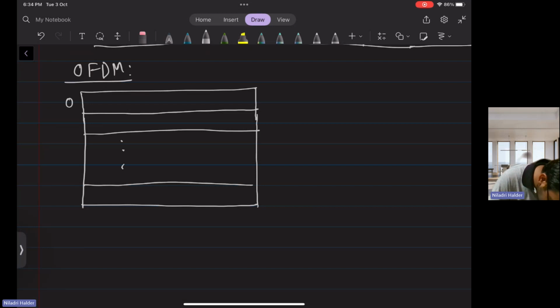Here is the zero subperiod, first subperiod, then N minus 1 subperiod. So N number of subperiods are there, and this x-axis is the time domain. There is the symbol.